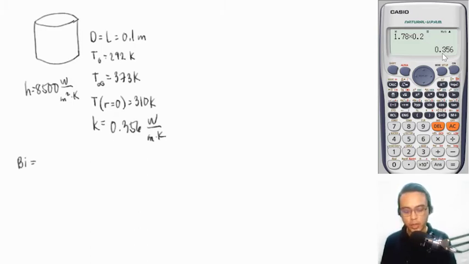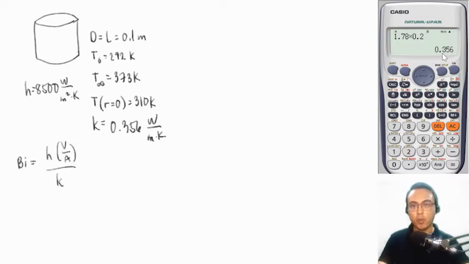Again, the Biot number is H times V over A over K. Now, in this problem, since we are dealing with a short cylinder, we cannot assume that the top and bottom area are insignificant because in this case, the diameter is equal to the length of the cylinder. Therefore, all of the areas are important.